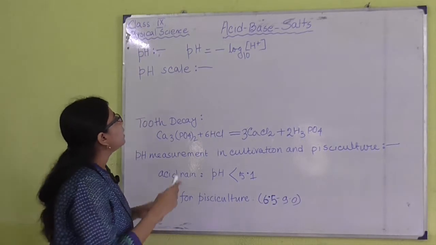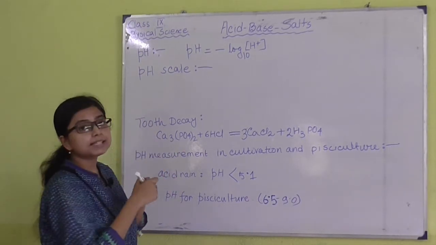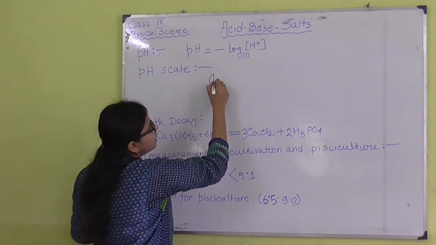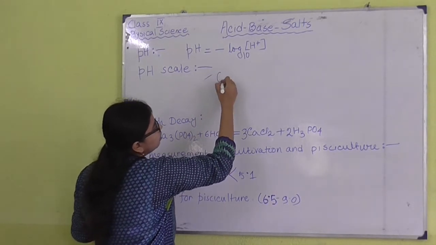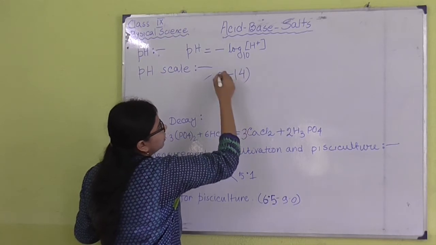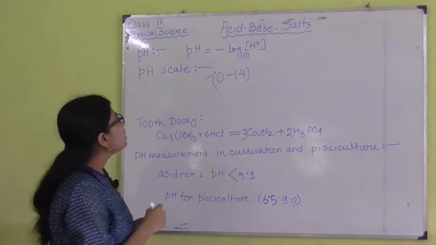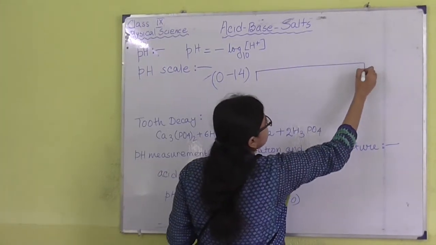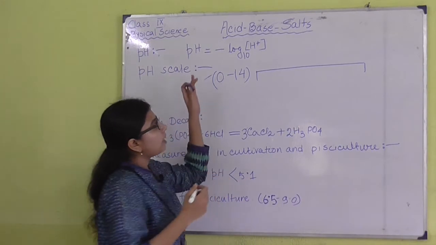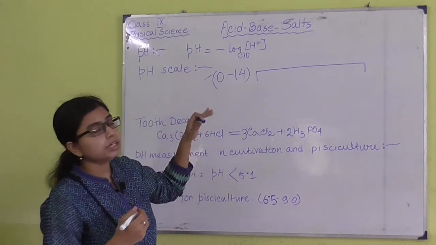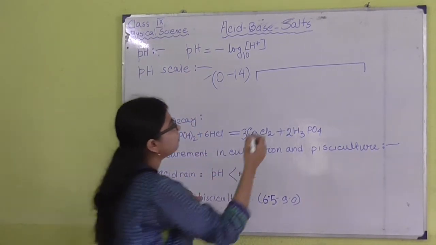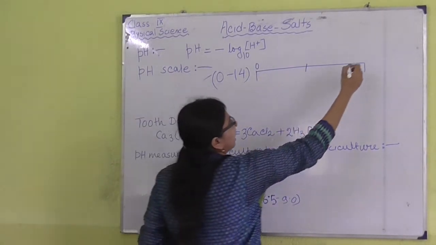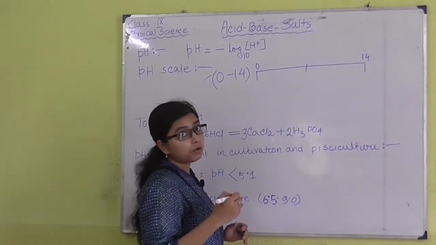And we have a pH scale also, which is scientific obviously, and in the scale we have the value from 0 to 14. So, what is pH scale? Suppose this is a scale where we have the H+ concentration in terms of pH, starting from 0 and ending with the value 14.